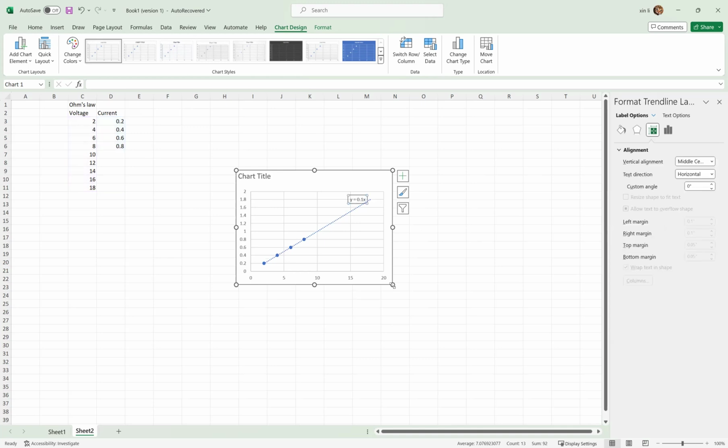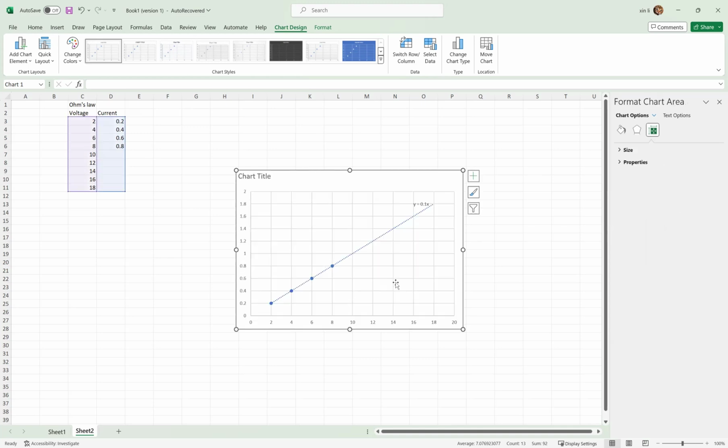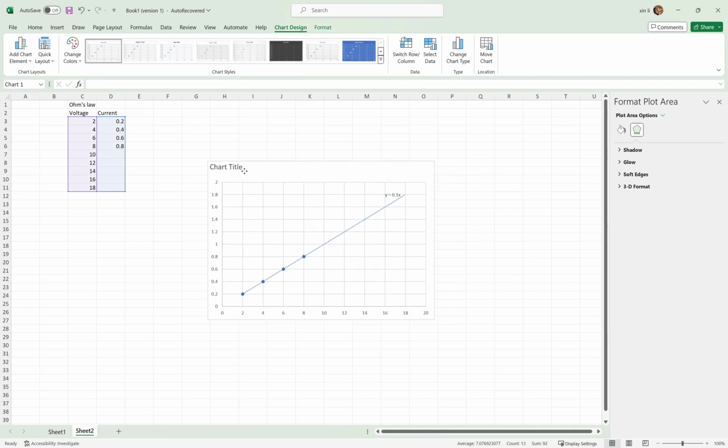And then you are going to get an equation. This is y equals 0.1x. Actually, your resistance should be 10 ohm because, when you do your graph, let's do it this way.